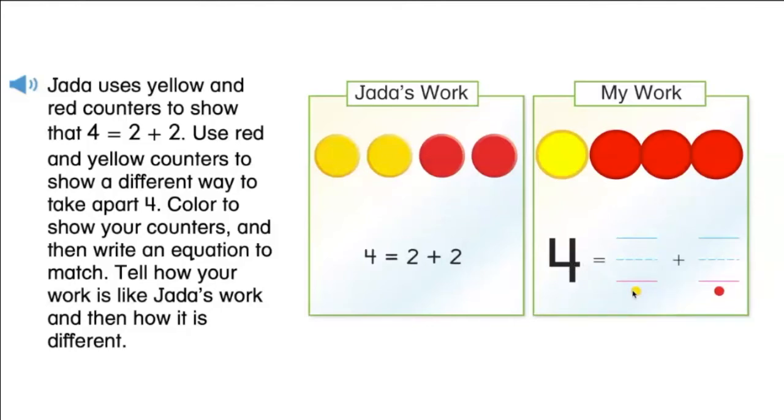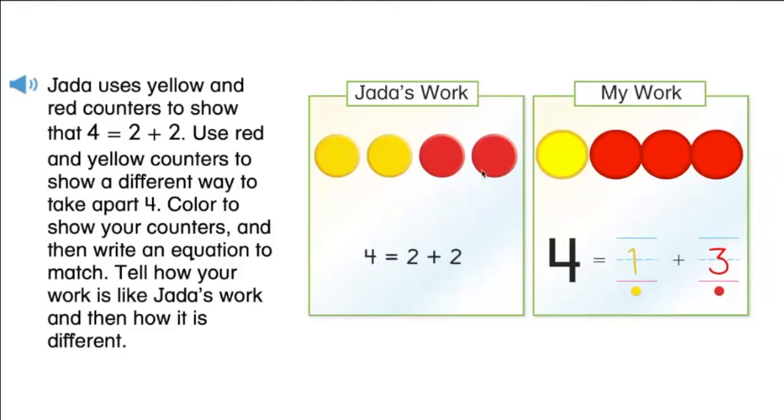First I need to write the number for my yellow counters. I have 1 yellow counter, so 4 equals 1 plus 1, 2, 3. I have 3 red counters. Does it still equal 4? 1, 2, 3, 4, just like Jada's.